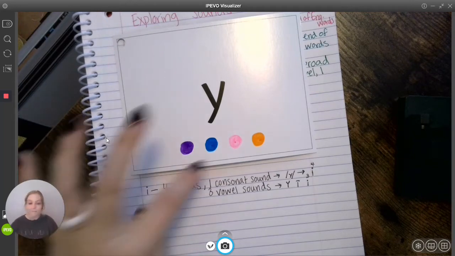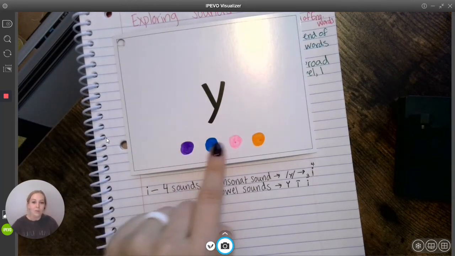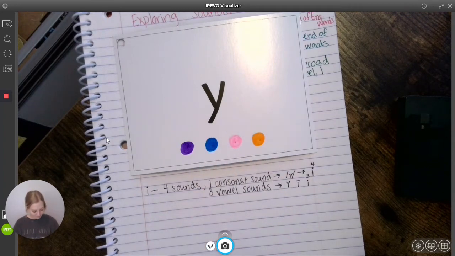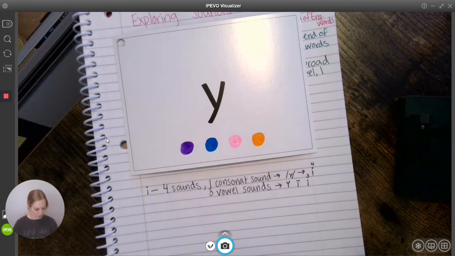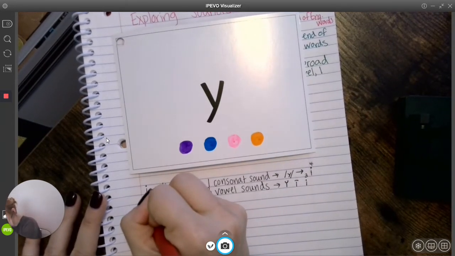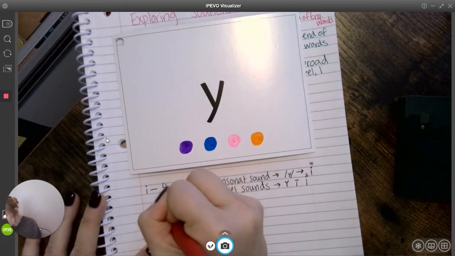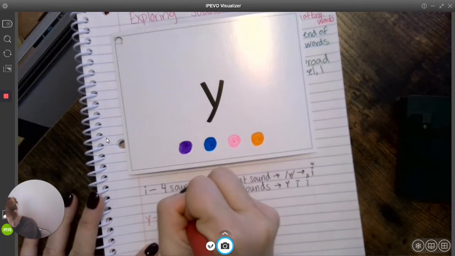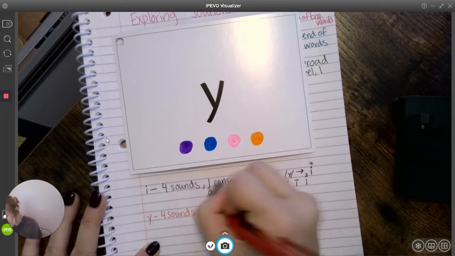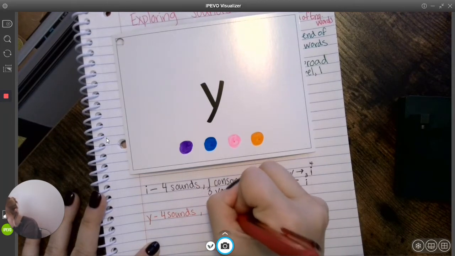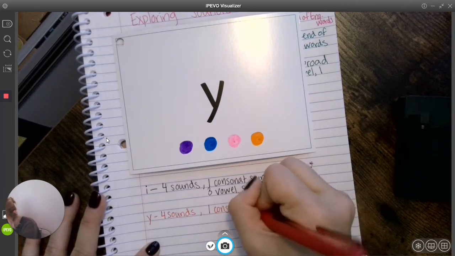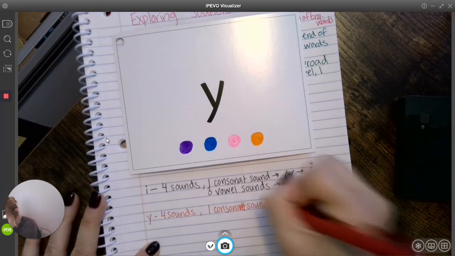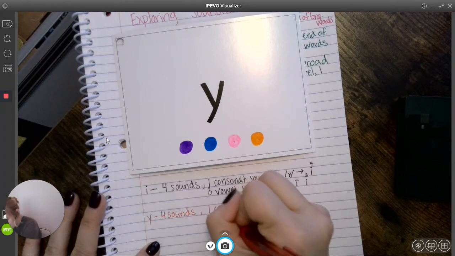And then what are the vowel sounds? So if this is yeah, what are the vowel sounds? I, E. Good job. So let's start. I'm using red. This also has 4 sounds. And it has 1 consonant sound also. Consonant sound. And 3 vowel sounds.